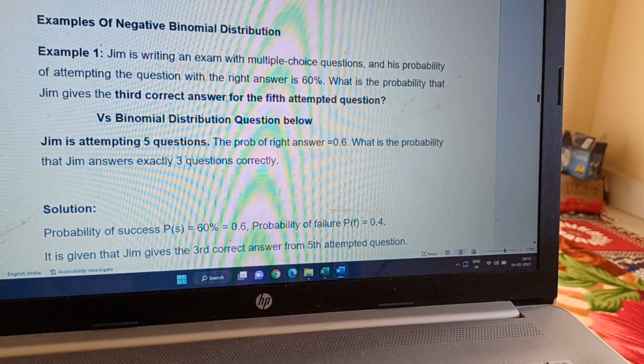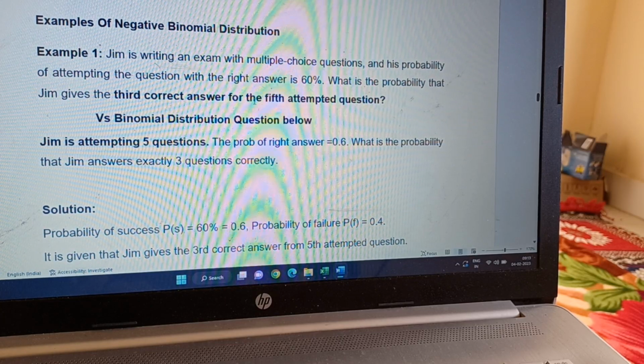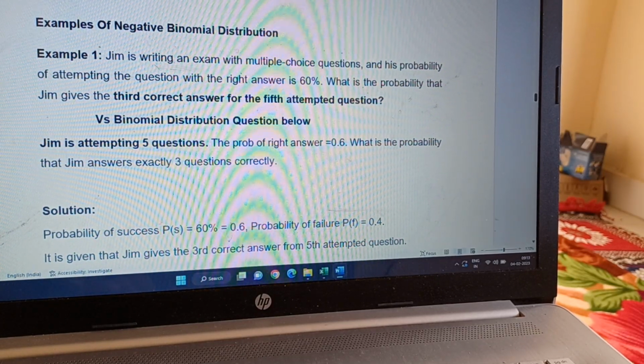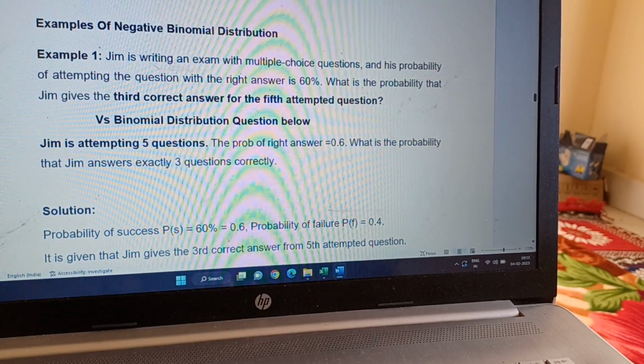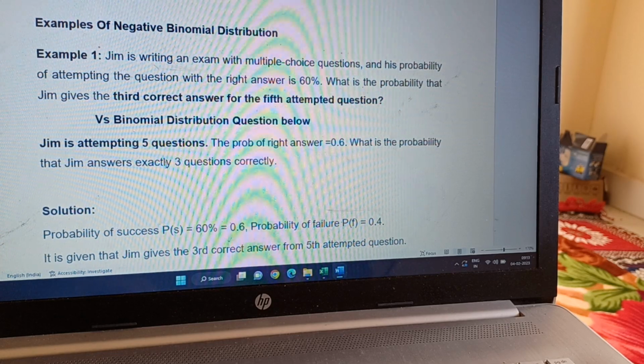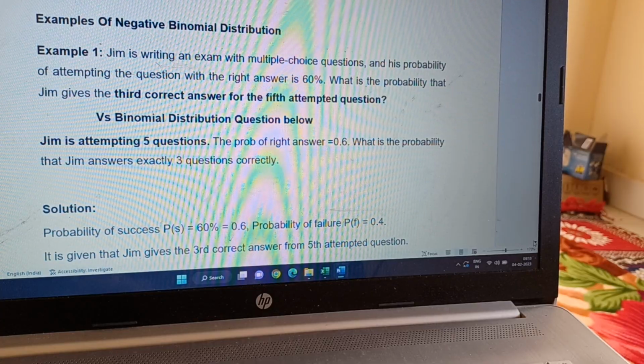So far he has given only 2 correct answers out of the 5 attempts, and he will attempt the 5th question. In binomial, he will say that there have already been 5 attempts, and what is the probability that Jim answers 3 correctly. So we will see how the probability differs. This comparison will make you understand clearly the difference between binomial and negative binomial distribution.